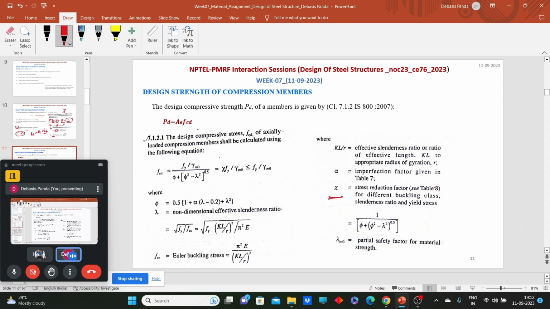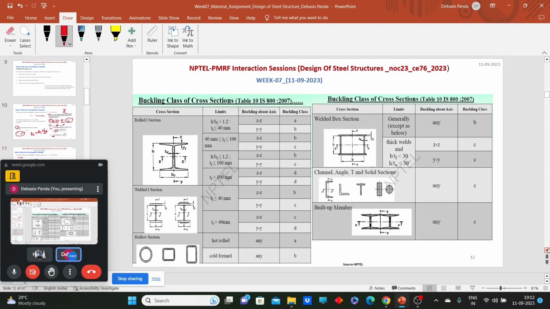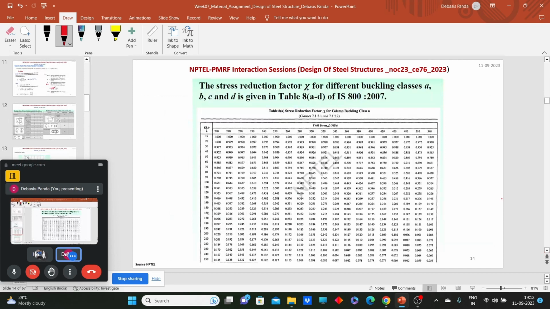Now how can we calculate this value? This value can also be calculated using this formula, or we have some tables in our code, from table 8A to D, based on the buckling class, from which we can find the value of chi.